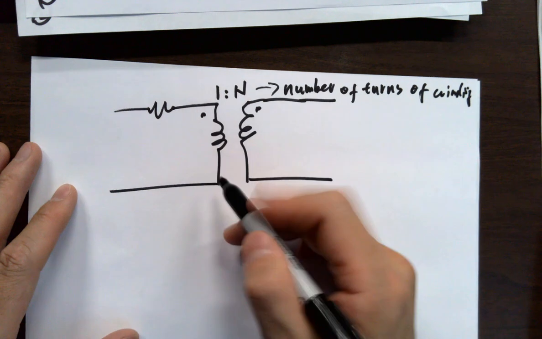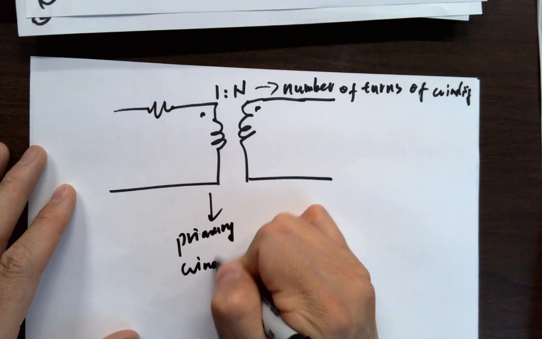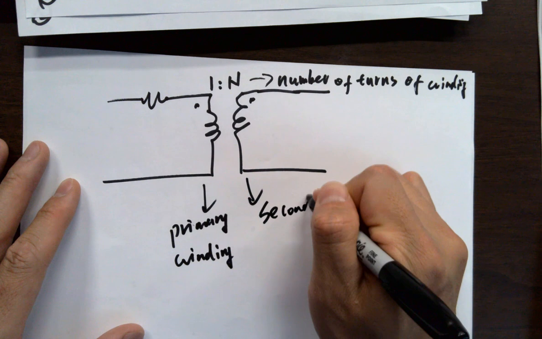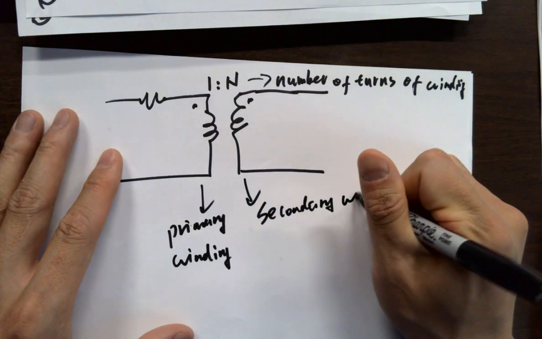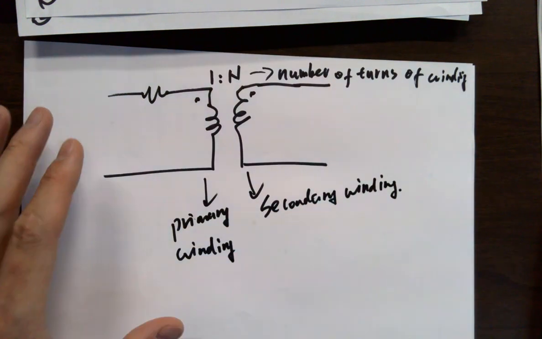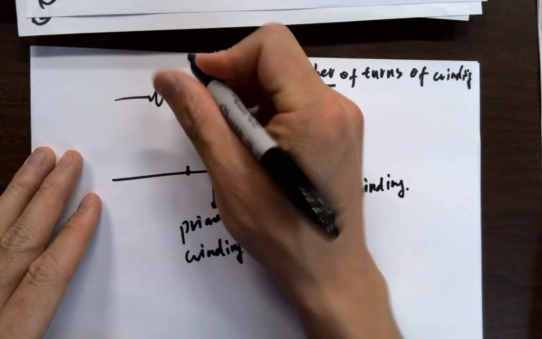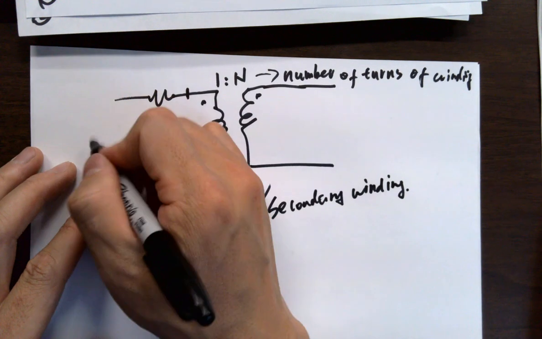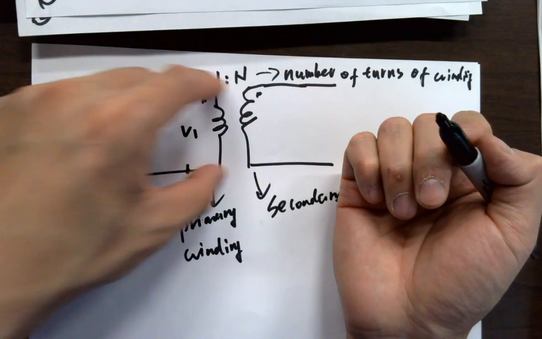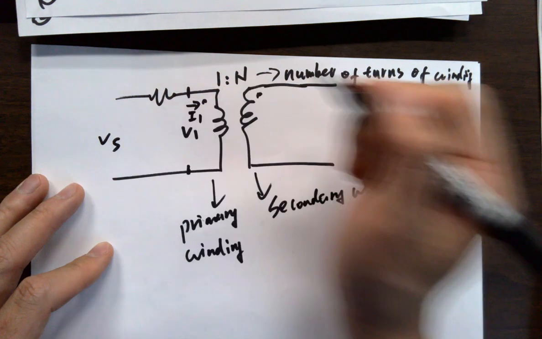This is the primary winding of the coil, and this is the secondary winding of the coil. If I label the voltage here as V1, remember it's not this one, this is Vs, the source voltage. I label the node right before the primary winding as V1, and label the current here as I1.